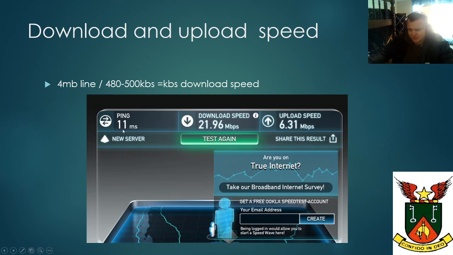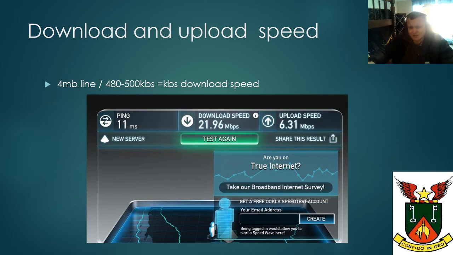Okay, the download speed and the upload speed. You'll see the download speed is always slower than the upload speed. The 4 meg line, I just quickly want to refer to you. You'll hear people say, I have a 4 meg line. That doesn't mean you download at 4 megabytes per second. That simply means you're downloading between 480 to 500 kilobytes a second.